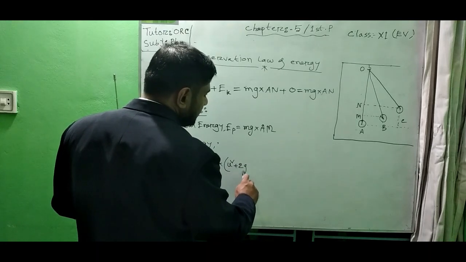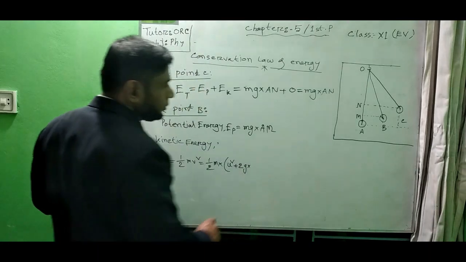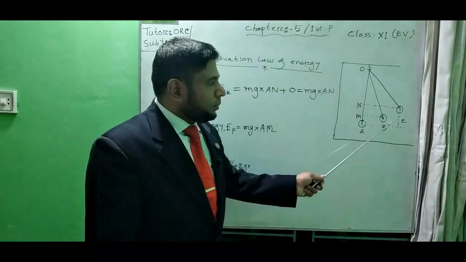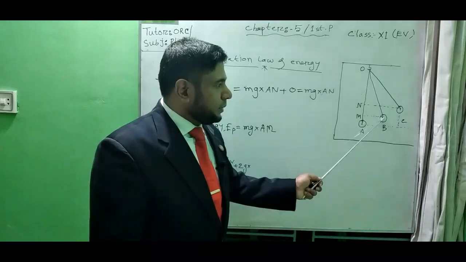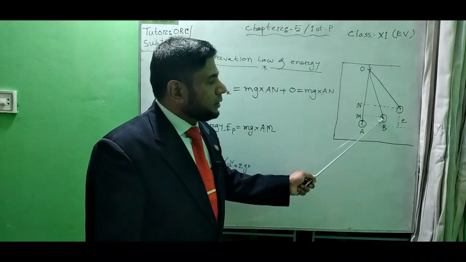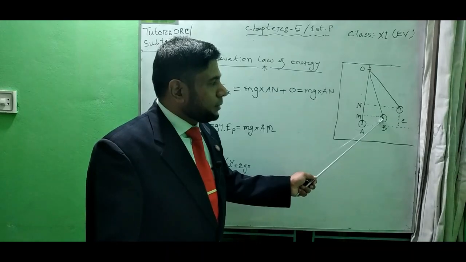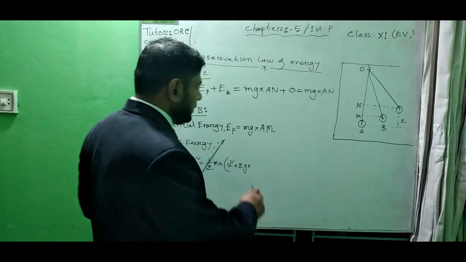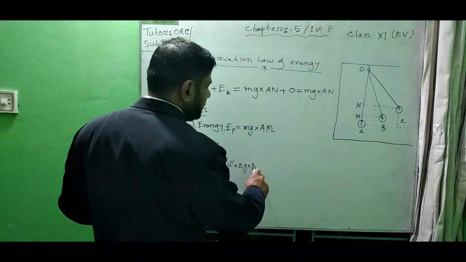Here a will be g, and s will be this: the bob has reached position B from position C. This is why the vertical displacement of the bob will be NM. Displacement will be NM.